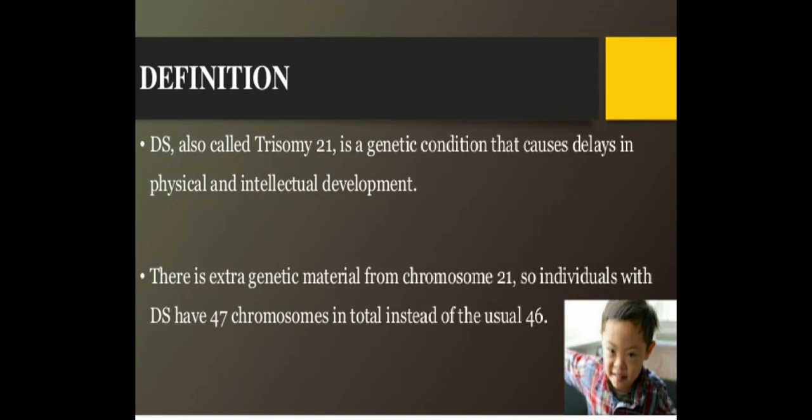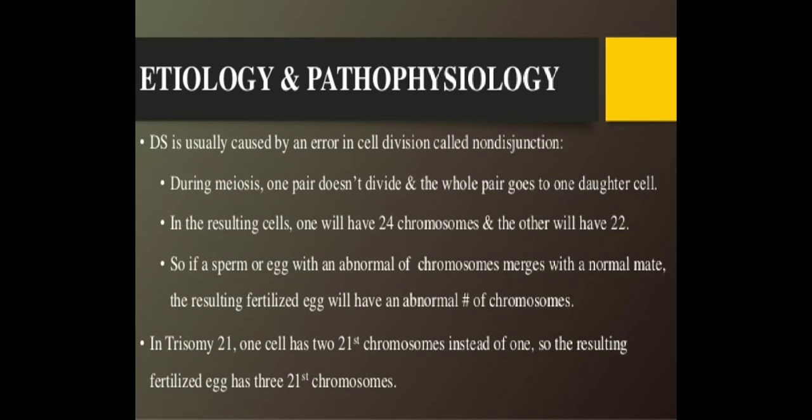So it is also known as trisomy 21, and when the child has an additional chromosome, it will cause developmental delay in both physical and intellectual aspects. There is extra genetic material from chromosome 21, so individuals with Down syndrome have 47 chromosomes in total instead of the usual 46.